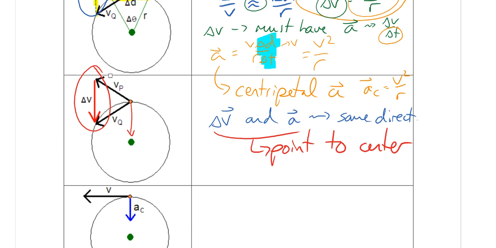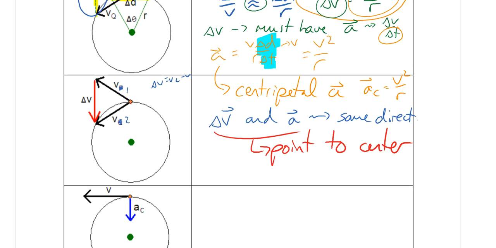Now I'm going to get rid of this right here, and I'll draw it a different way, because if we go to basic classic vector subtraction, it would look a little bit different. Change in v is v2 minus v1. If I did that graphically, I'm going to call this v2 and this v1.